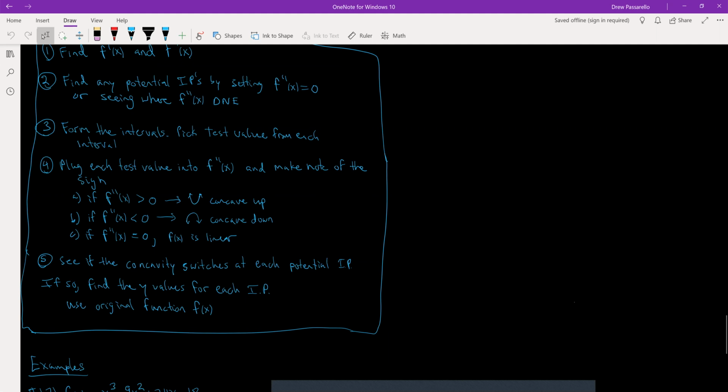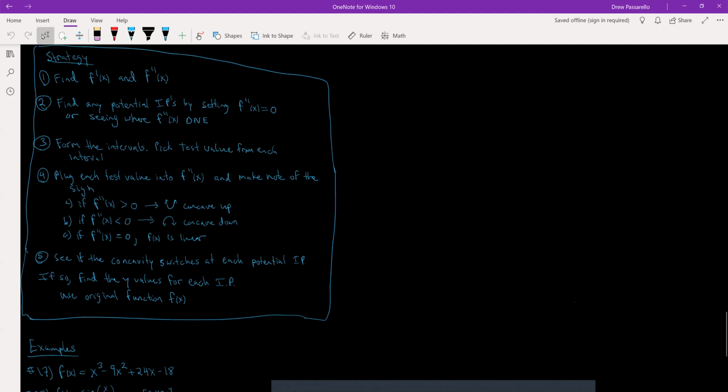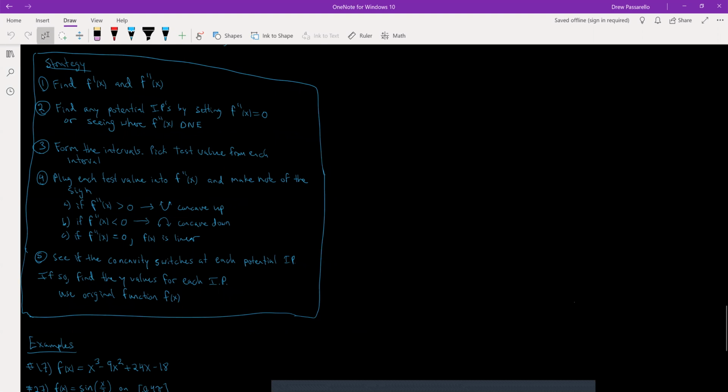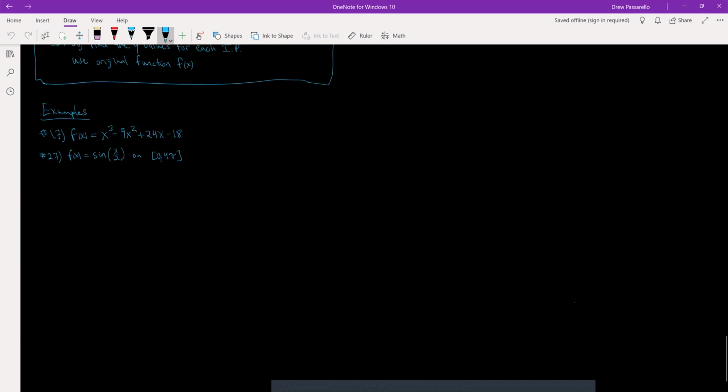And so that's just, does it switch concavity from concave up to concave down, or concave down to concave up? If so, then that's going to be an inflection point. And then you're going to find the y coordinate of that inflection point by using the original function. All right, so that's the strategy. If you want to pause the video and write that down, I recommend doing that. And now I'm going to invoke the strategy for these two examples.